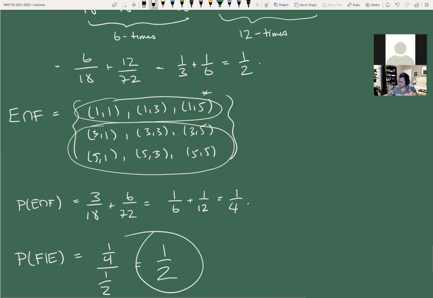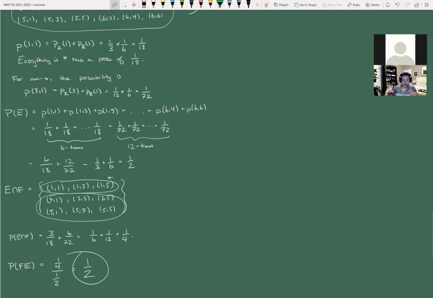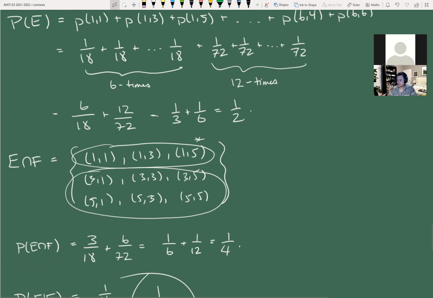You can see it's a lot more work, right? Because you have to figure out the probability of every single thing. What I would have done is just counted to myself, and this is a more advanced thing. I would have said, okay, E, what is the probability that the sum is even? Well, I immediately know that half of the events are even.